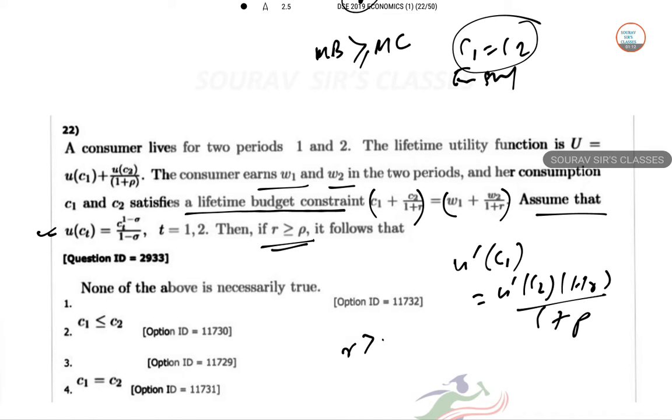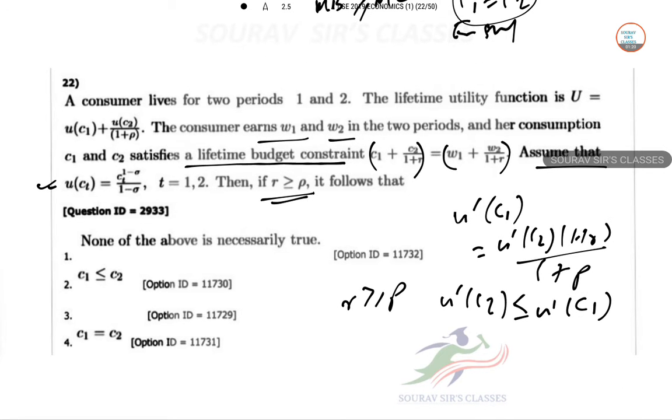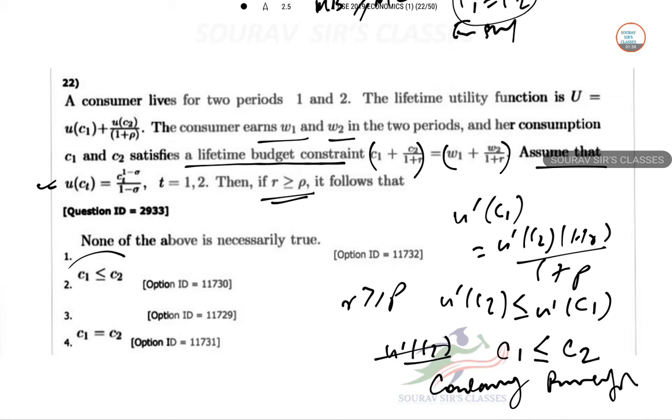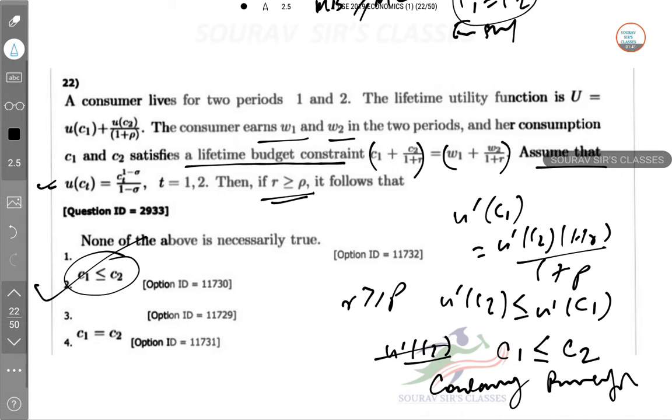Now if r is greater than or equal to rho, it follows that u'(c2) is less than or equal to u'(c1). Since the utility function is concave, this implies that c1 is less than or equal to c2, by the concavity principle. So option number 2 is correct.